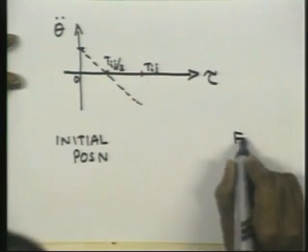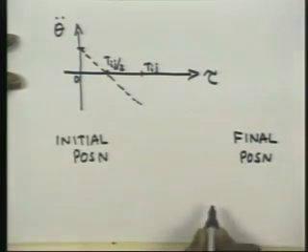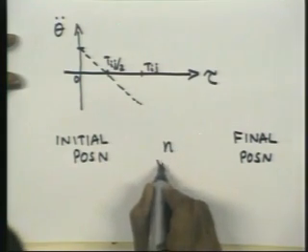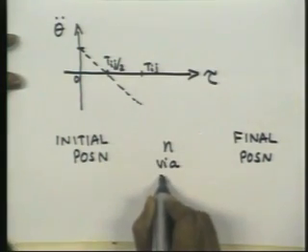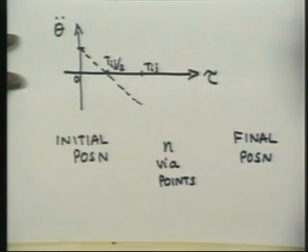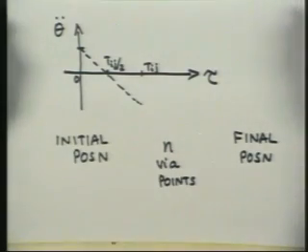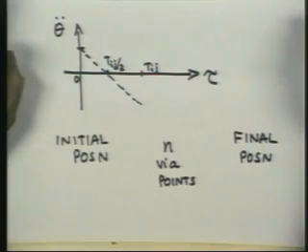I have an initial position, a final position where I need to go, and n points in between. So I have a total of n plus 2 positions, and n plus 2 velocities have to be specified by the user at each of these positions.